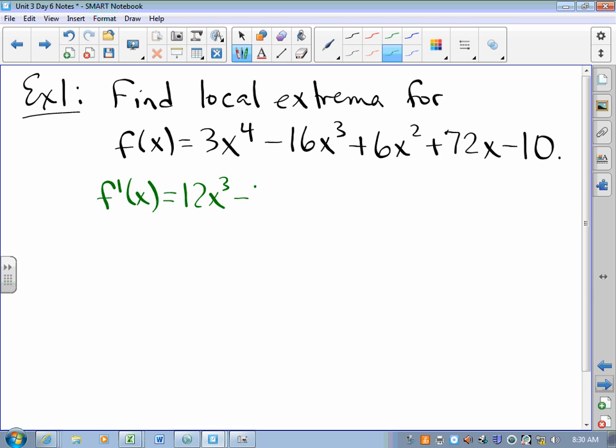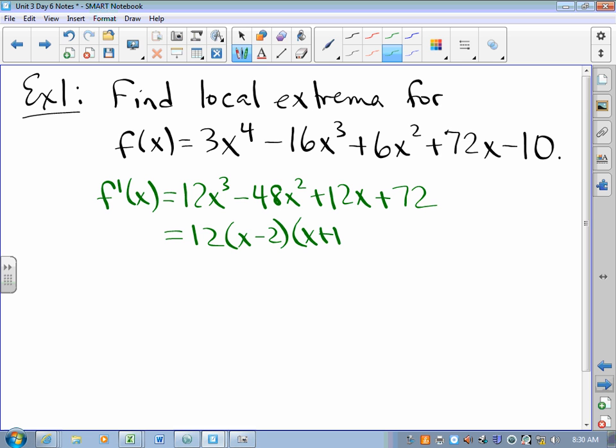That's 12x cubed minus 48x squared plus 12x plus 72, which happens to factor, not that I expect you to know how to factor a cubic, but it does factor very nicely. So I know on my number line, there are 3 points of interest: -1, 2, and 3. Those are x values where I could have mins and maxes. There's no place where f prime is undefined, so the only 3 critical points are at -1, 2, and 3.